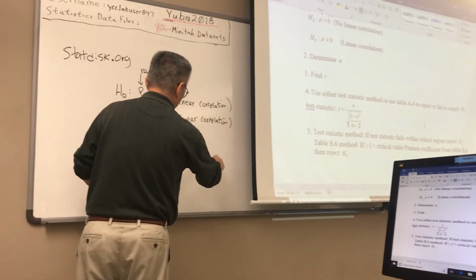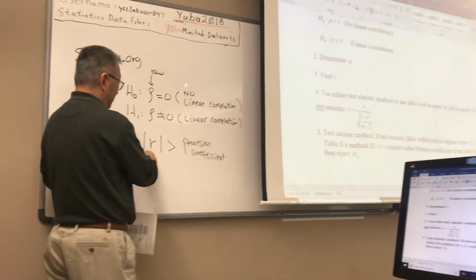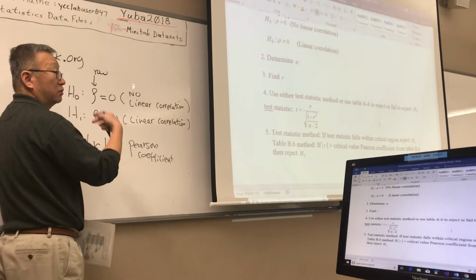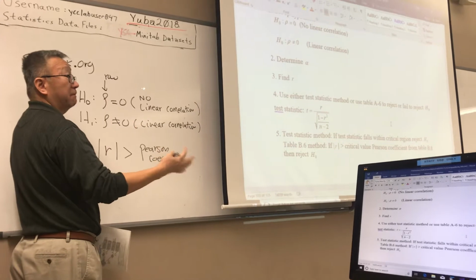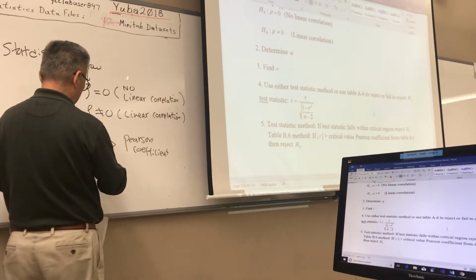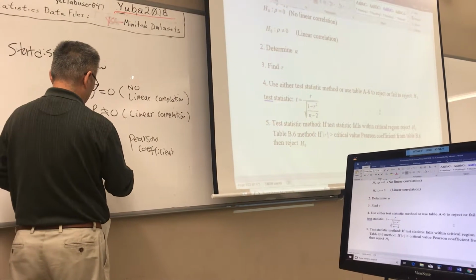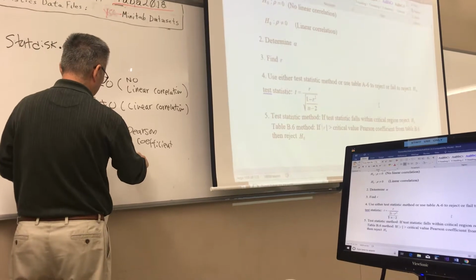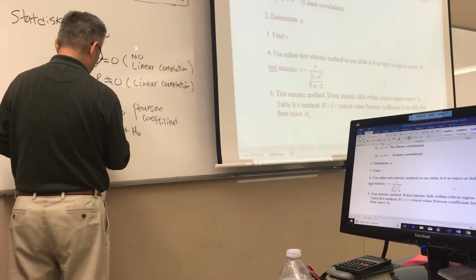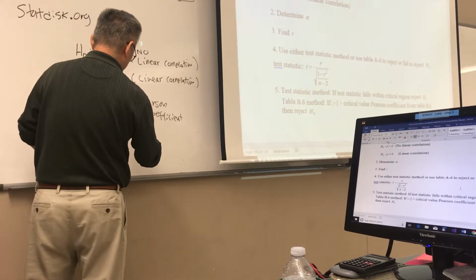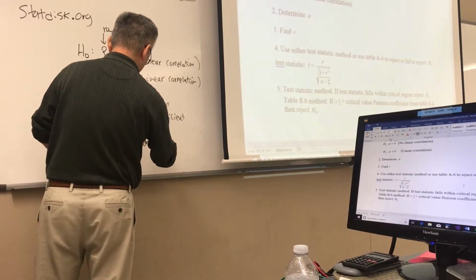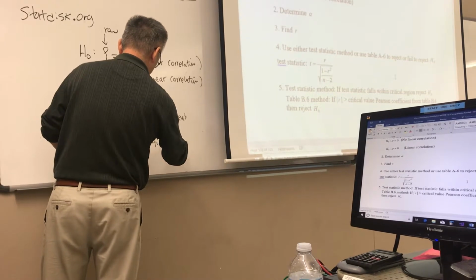If your coefficient is greater than Pearson, you reject the null hypothesis, therefore significant correlations.